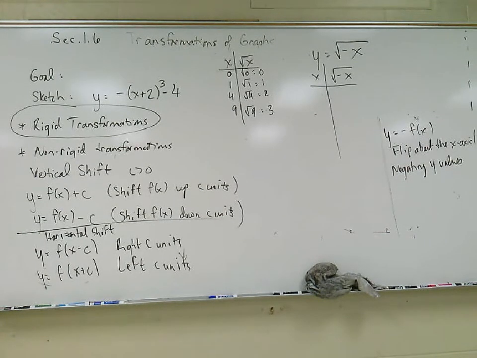Leave it open. Again, I have my reason why I pick certain ones. Okay? So we want square root of 0, square root of 1, square root of 4, square root of 9. That's what we want, so you've got to think about the x's you pick.